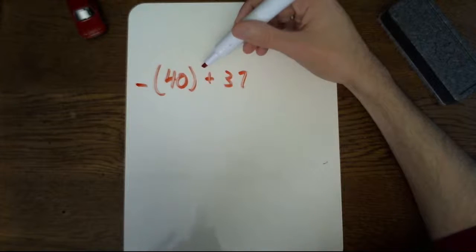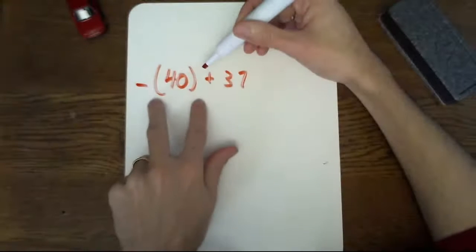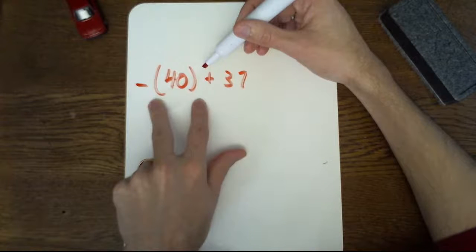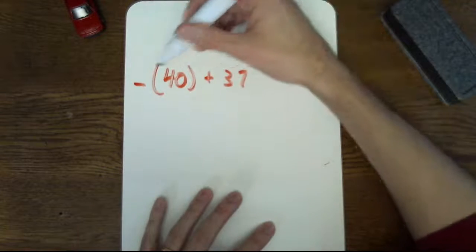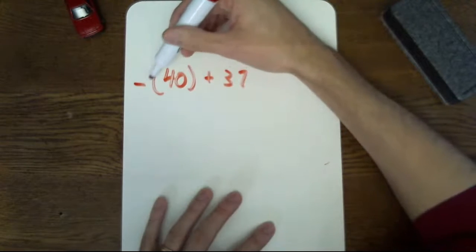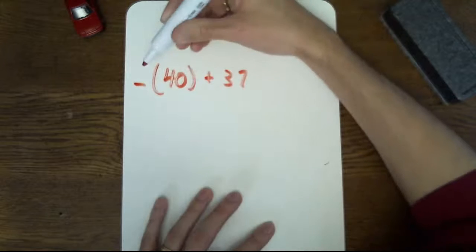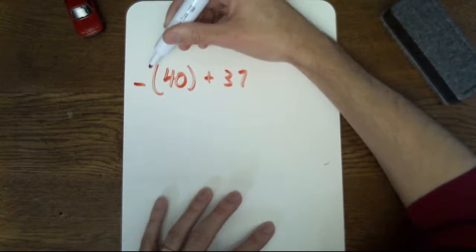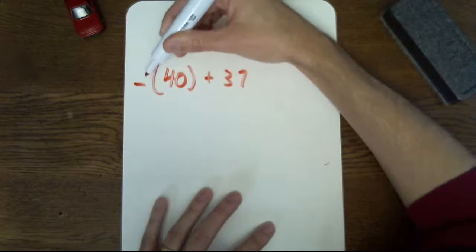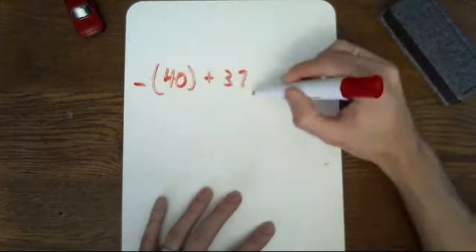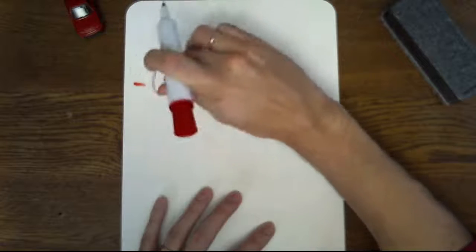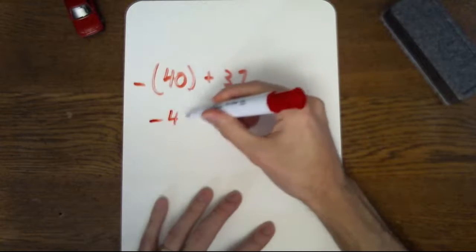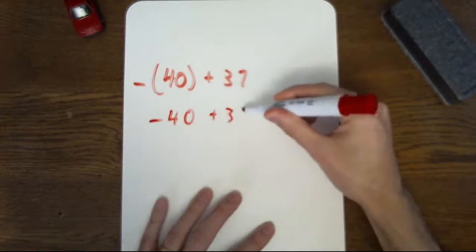Parentheses are only a tool for grouping, meaning 40 is grouped by itself, and there's no way it can interact with other things until it interacts with what's directly outside of it. So what you want to pay attention to with parentheses is right here in front of it. So if I rewrote this, if I kind of put that negative into this 40, this becomes -40 plus 37.